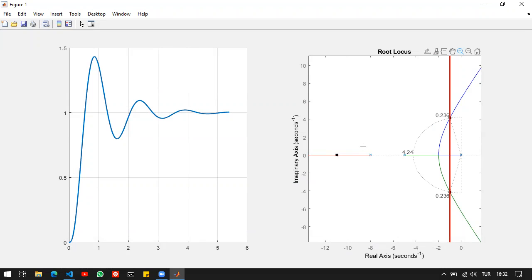The only problem would be about the position of the third pole here. If this comes closer and closer, then even though I'm on this line, I would get a different settling time, because my requirement here is to have a certain distance at least.